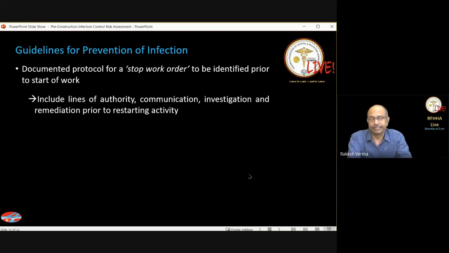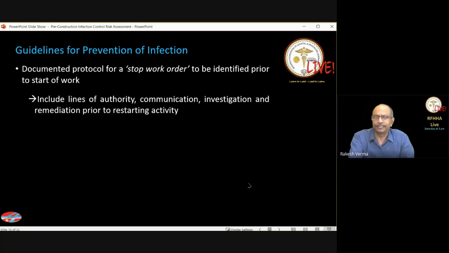Who will take the decision? What are the likely triggers based on which the decision will be taken, and how will it be communicated? This needs to be defined, and it will be a good idea to include it in the tender documents as well, so that when your administrative authority orders stopping of work, it is in line with what was already in the terms of reference in the tender document.